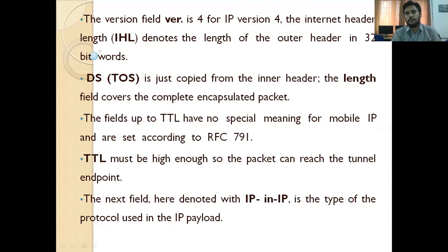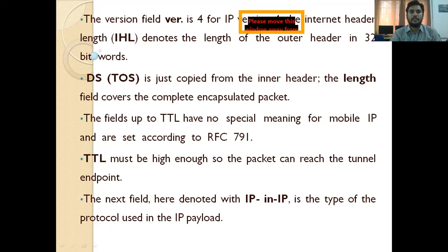The version field is 4 for IP version 4. The internet header length, IHL, denotes the length of the outer header in 32-bit words. DS is just copied from the inner header, and the length field covers the complete encapsulated packet.